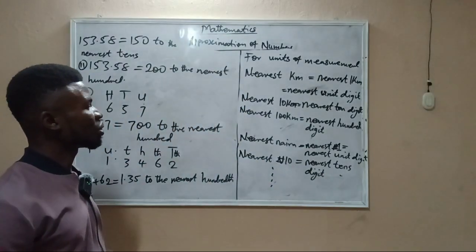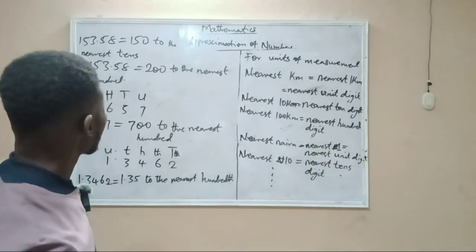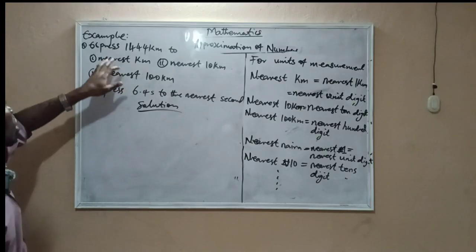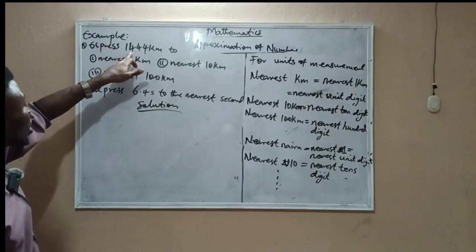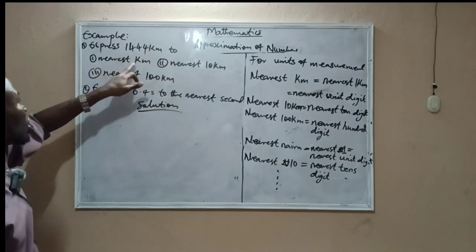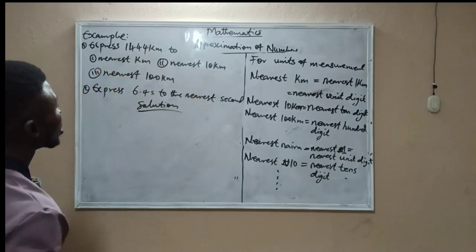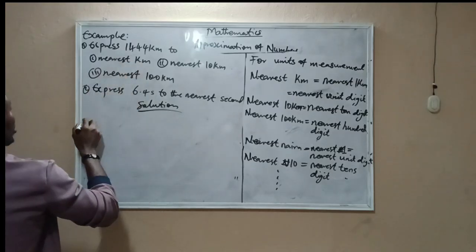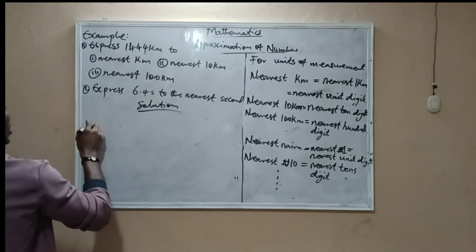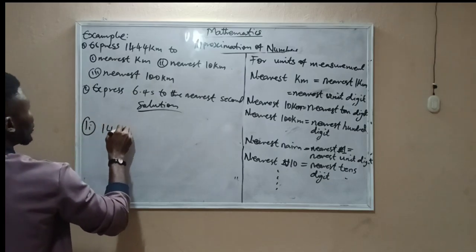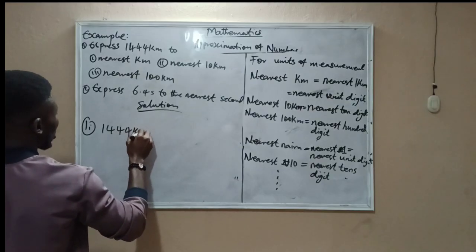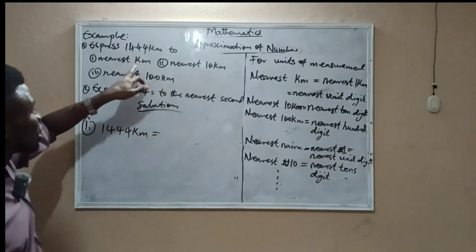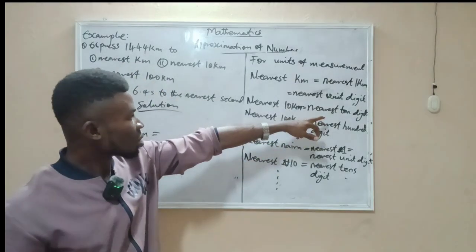So let's look at an example. It said express 1,444 kilometers to, one, the nearest kilometer, and two, the nearest 10 kilometer. Number 1: 1444 kilometer is equal to, and like we said, to the nearest kilometer is to the nearest unit digit.